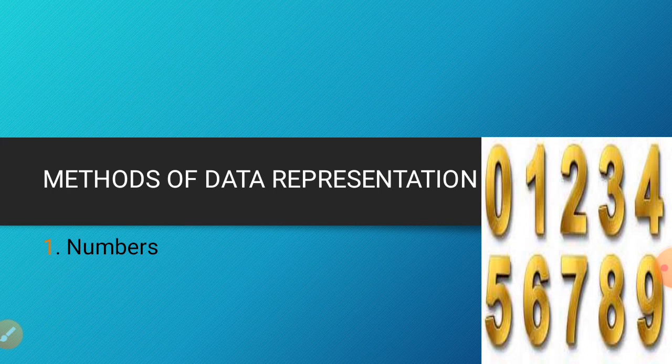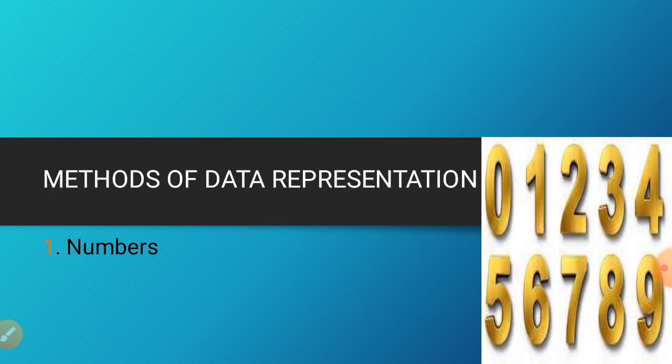We can combine these digits to form different numbers. For example, 9 and 0 give us 90, 2 and 6 give us 26, and 2, 7 and 5 give us 275. So these digits can be combined to form different meaningful numbers.